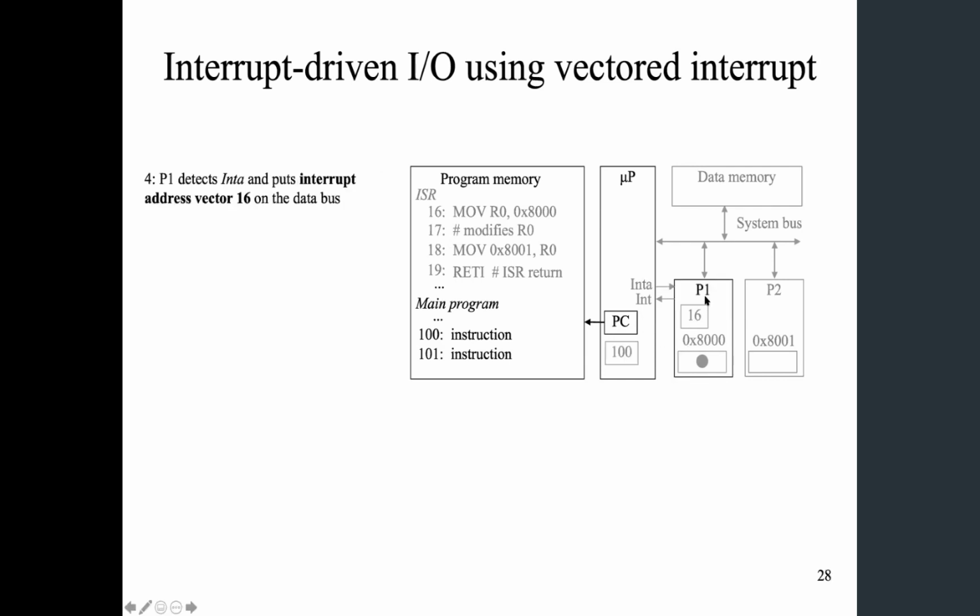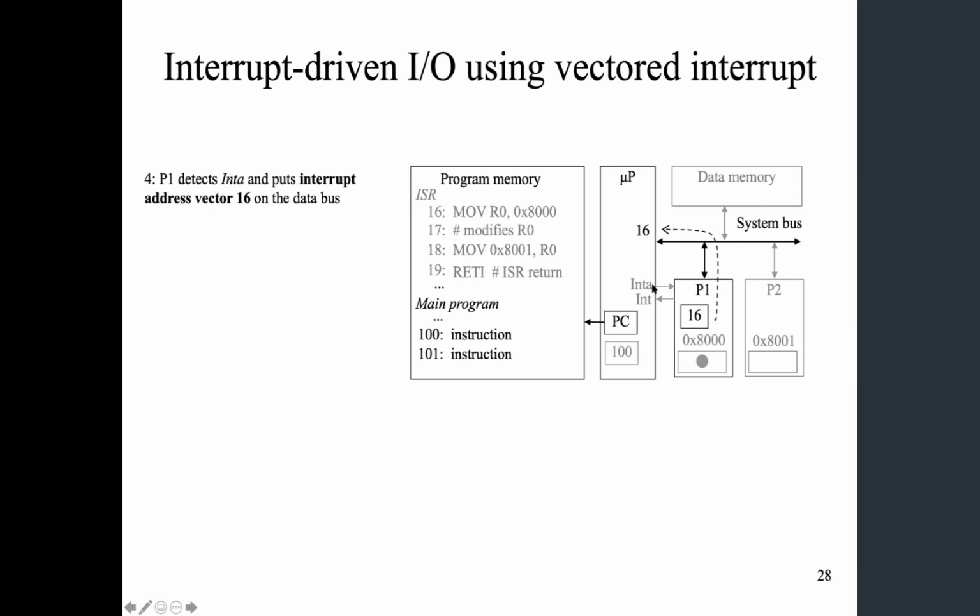And then this peripheral detects the interrupt acknowledgement. So it knows the microprocessor is waiting for it to tell it the address of the ISR. And it has this address 16 in mind, so that's the number it will put onto the system bus. The microprocessor will read this value from the system bus.